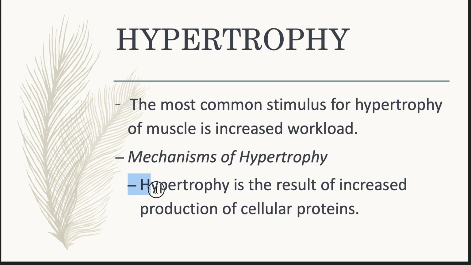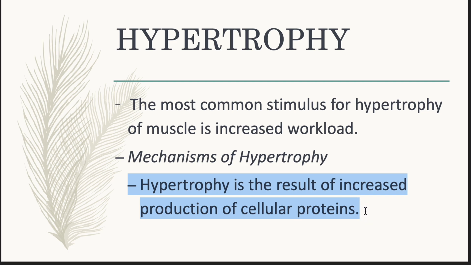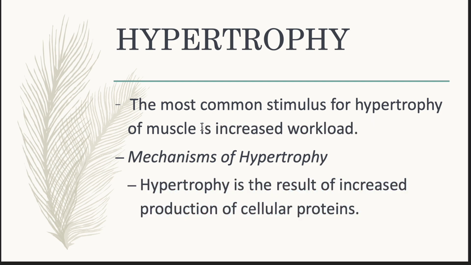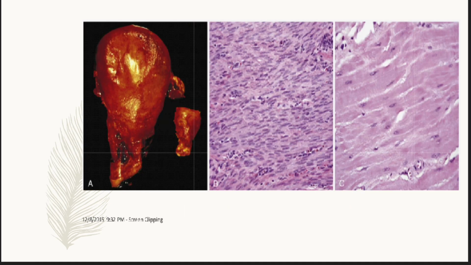Hypertrophy is the result of increased production of cellular protein. That's why when people work out in the gym, their muscles become bigger, because you stimulate your muscles with an increased workload so that your muscle cells get bigger.